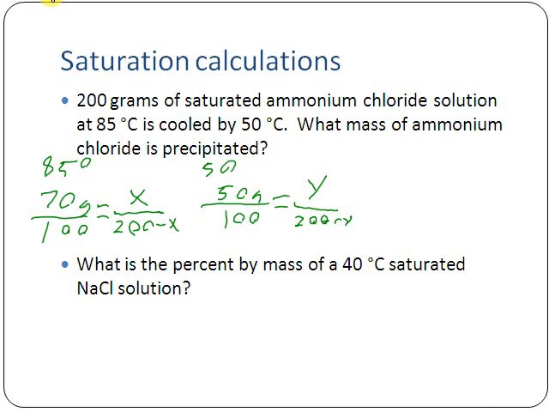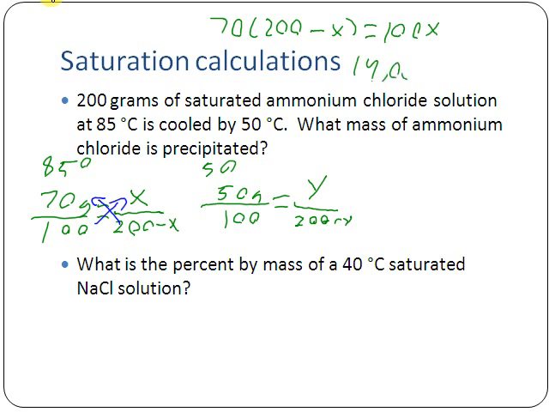And so on our first one, our 85 degrees, we're going to cross multiply, same as what we did before. And I'm going to write this at the top just so we have enough space here. And so what we have here is 70 times 200 minus X equals 100X. And so doing this, we have 70 times 200, which should be 14,000, I believe.